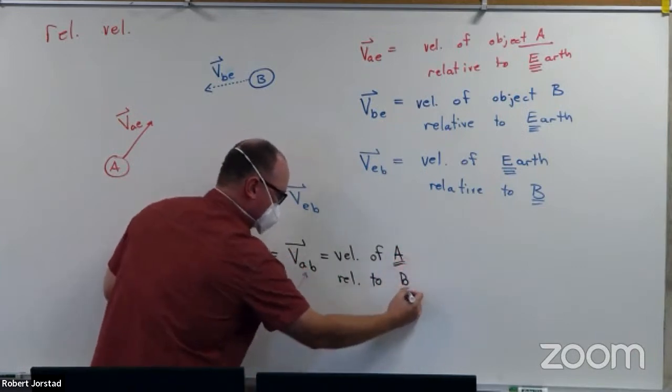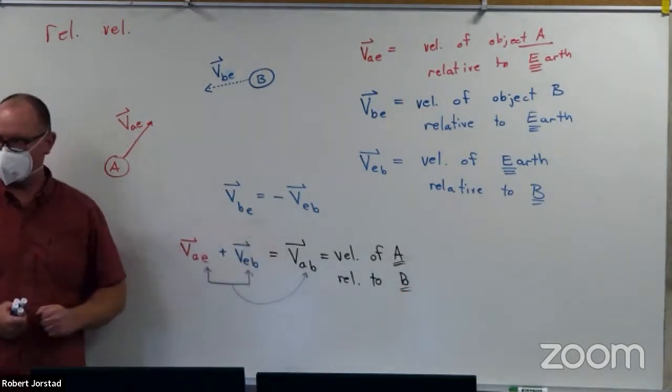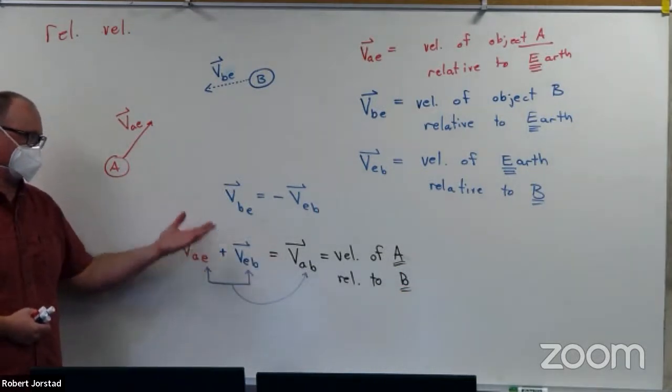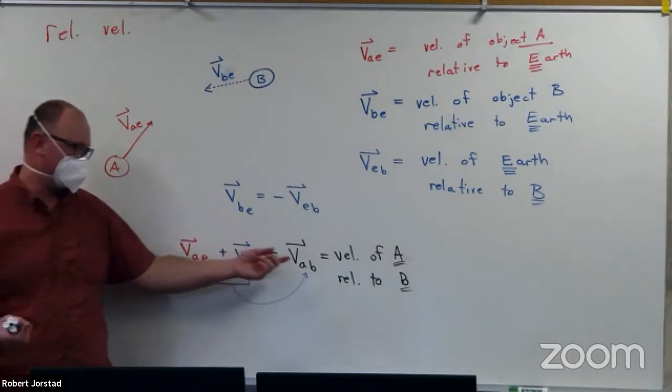Does that make any sense at all? If you write this vector addition equation, it will get you the answers you desire for the velocities of A relative to B. If you needed the velocity of B relative to A, you could switch it.